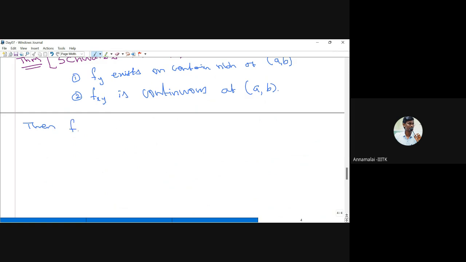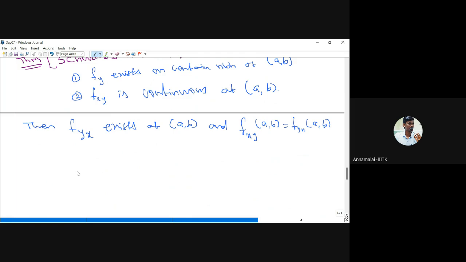The partial derivative fyx exists at the point a comma b, and both are equal. That is, fxy at a comma b equals fyx at a comma b. Provided fy exists on a certain neighborhood of a comma b and fxy is continuous at a comma b, then fyx exists. So this is Schwarz theorem.